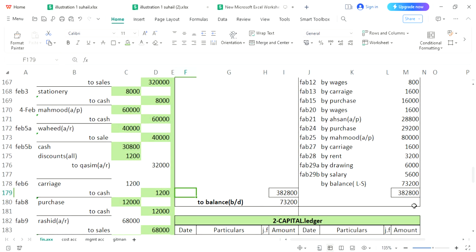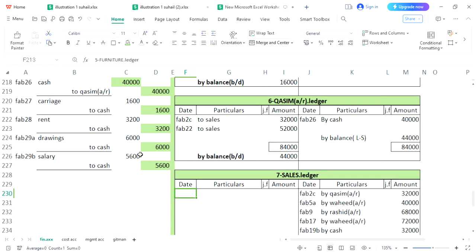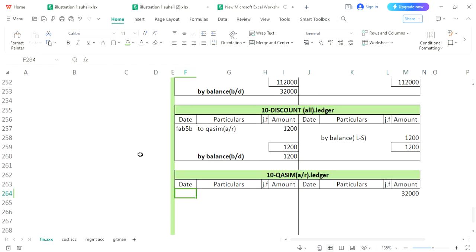Now this 32,000 is divided into two parts. Two references are used, so for 32,000 you will write two references, cash and discount. 30,800 and 1,200 you will be writing over here. So the first reference 30,800 and the second amount is 1,200.